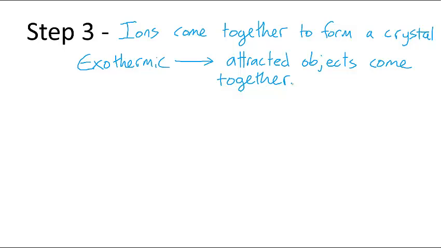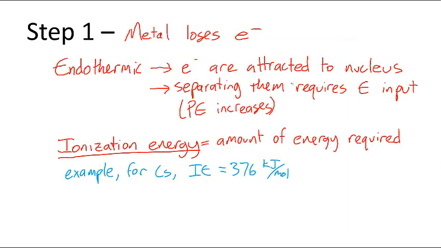But we allow that statement sometimes to get morphed into atoms want to have 8 valence electrons. So students sometimes think cesium wants to lose an electron. Does cesium want to lose an electron? No. You have to put in 376 kilojoules of energy to remove electrons from a mole of cesium atoms. Cesium does not want to lose an electron.